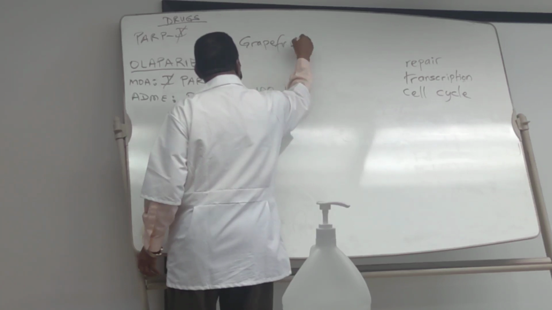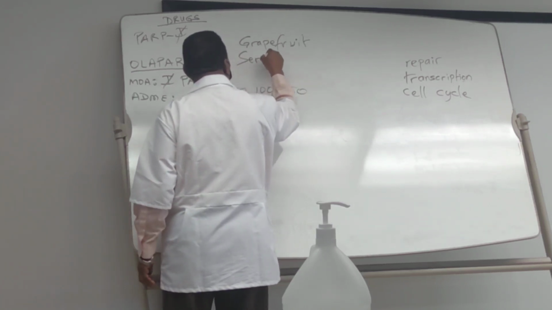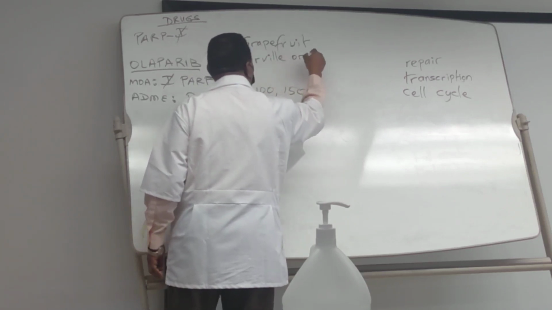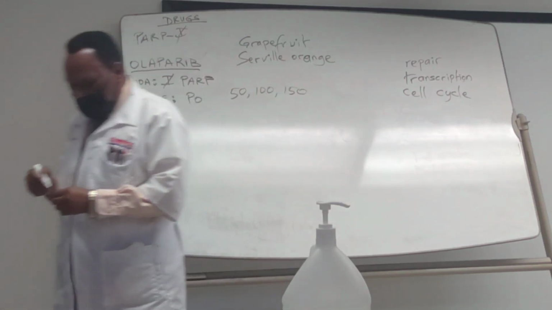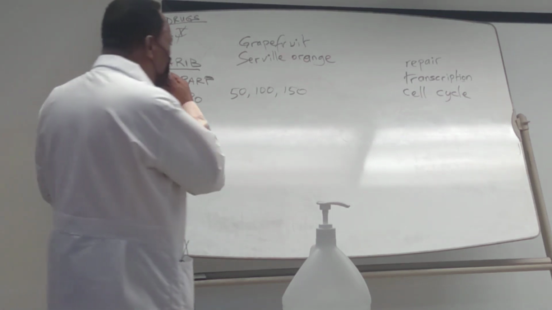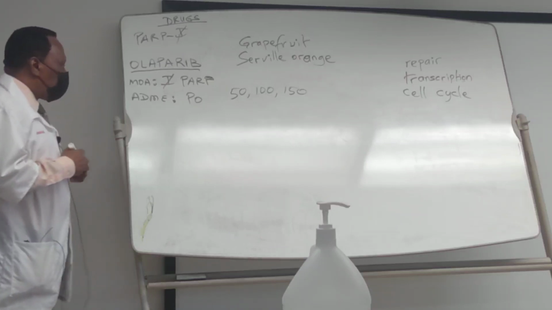They should avoid grapefruit juice and some type of orange, that is called Seville oranges, because those can basically increase the plasma concentrations of your olaparib, such that you have a greater incidence of adverse effects.